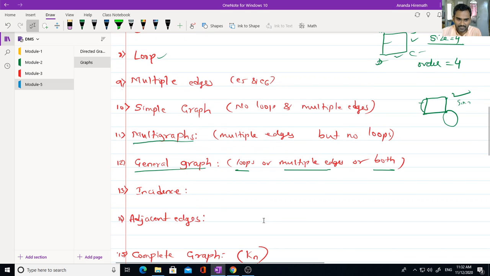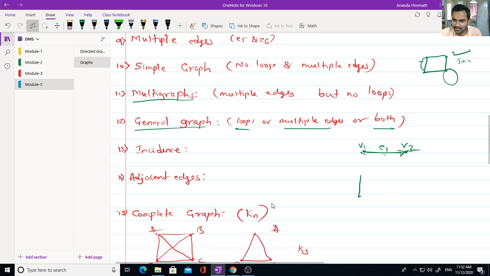Now incidence. Now if I have one edge E1, with V1 and V2, we say E1 is incident on V1 as well as V2. Its end vertices are V1 and V2. So we say that edge E1 is incident on V1 and V2. Now adjacent edges.